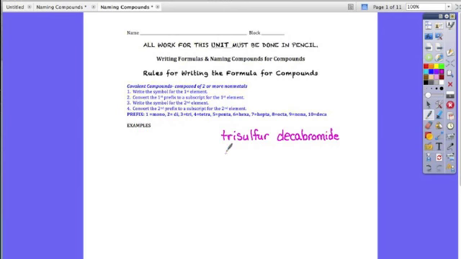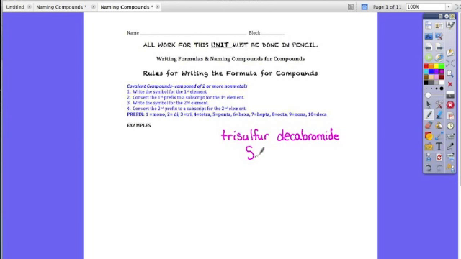Here we have a compound, trisulfur decabromide. This is a covalent compound because both sulfur and bromide are nonmetals. So to write the formula for this compound, step 1, you would write the symbol for the first element, sulfur, which is S. Step 2, you're going to convert your first prefix to a subscript for the first element. So tri, the prefix, is equal to the number 3.